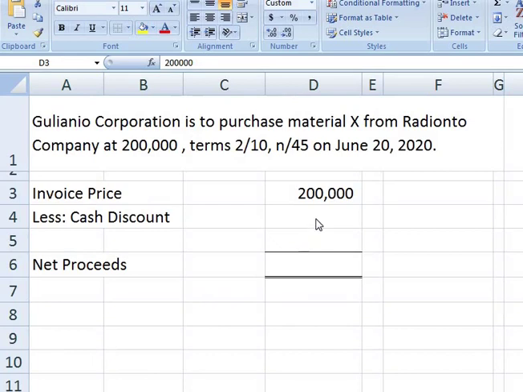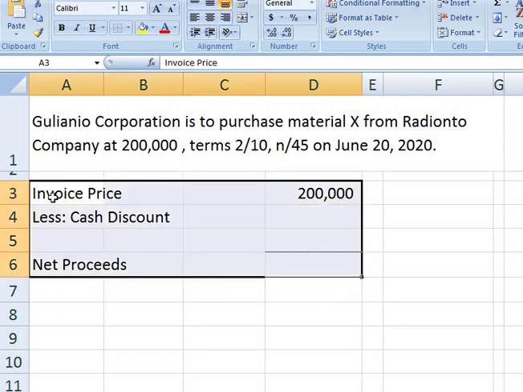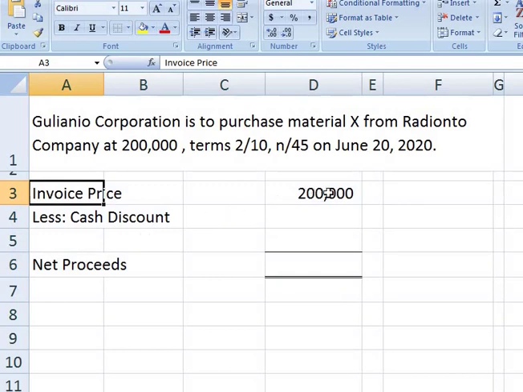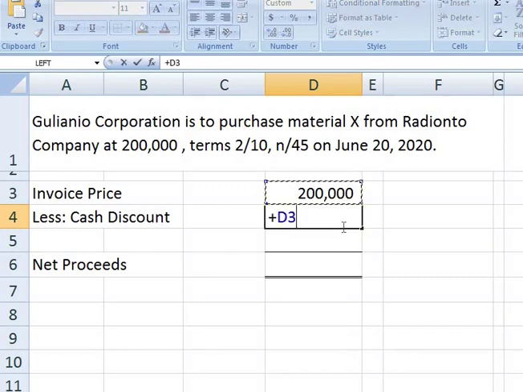So going back to our discussion in how to compute the cash discount. So here now we have a format. So for example, if we have an invoice price of 200,000 and then the customer or the buyer has paid within the discount period, all you have to do is you just multiply the invoice price by your discount rate.